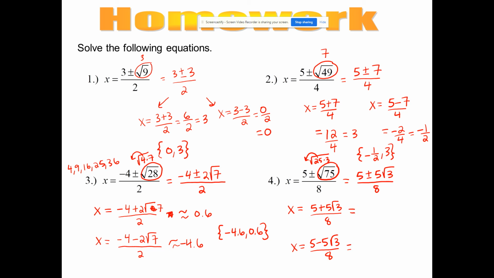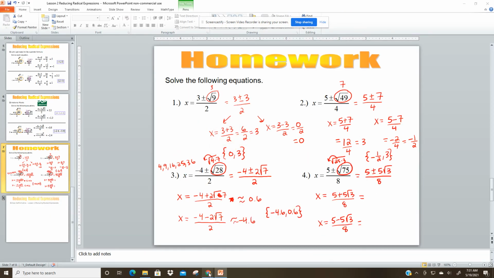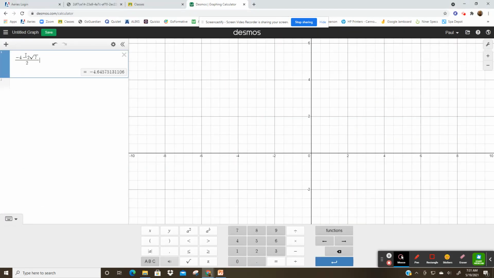All right, so I need to go back to Desmos. So I got to remember 5 plus 5 rad 3 over 8. So remember, you can always hit the divide symbol first.